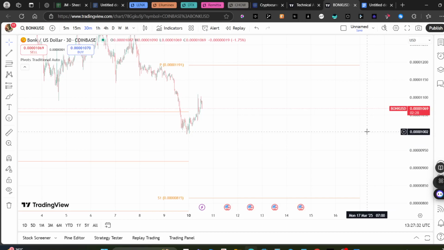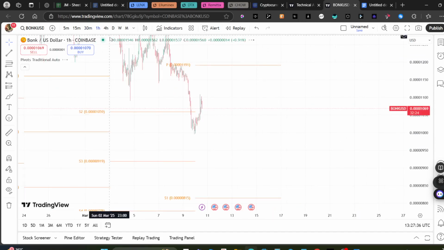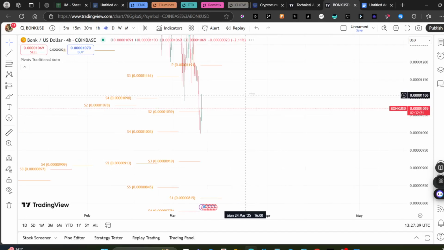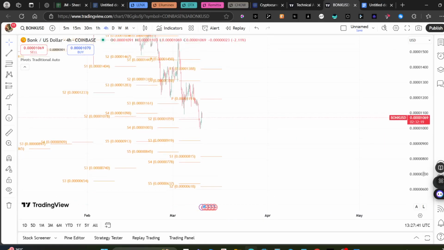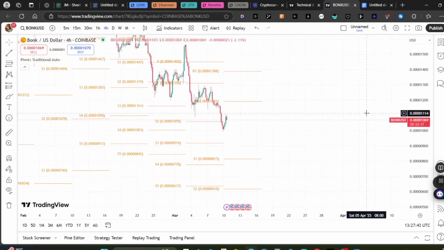However, it's a good idea to also check higher time frames like the 1 hour or the 4 hour charts to see the bigger picture and confirm the trend.